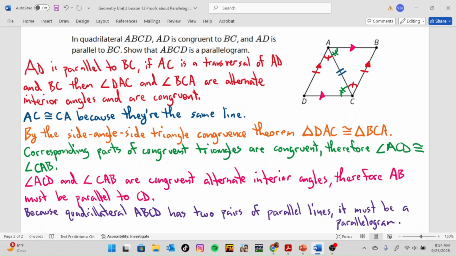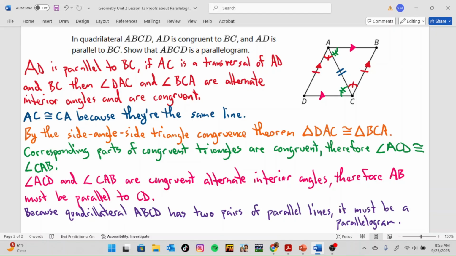Because we knew they were parallel, then we knew that angle DAC and angle BCA were going to be alternate interior angles, which makes them congruent. So now we had side and angle. Then, because AC and CA are the same line, we knew that a line has to be congruent to itself.